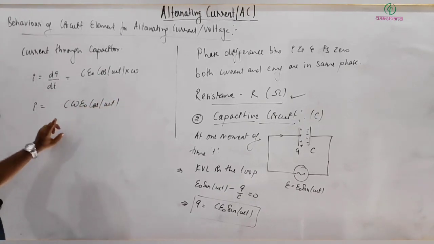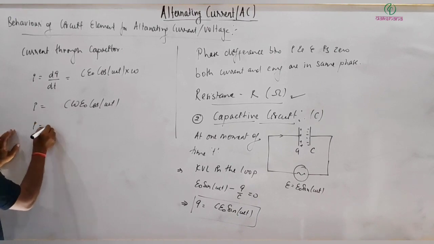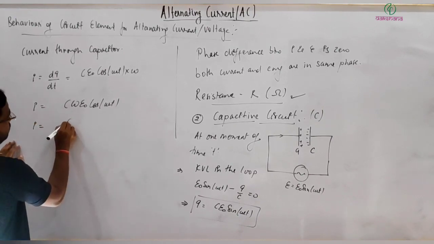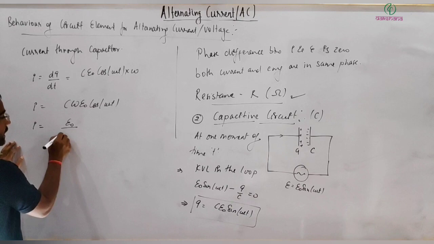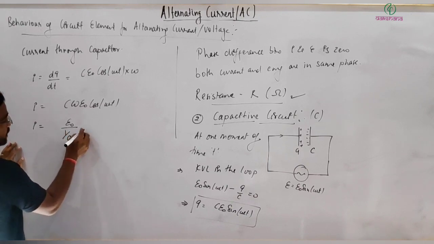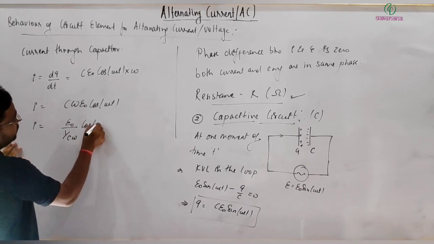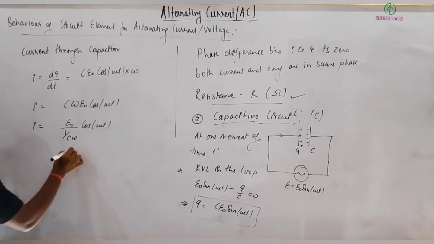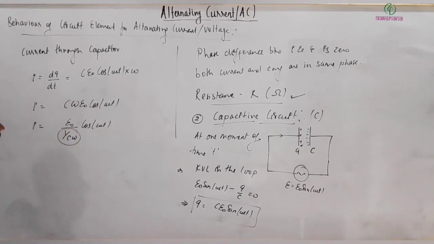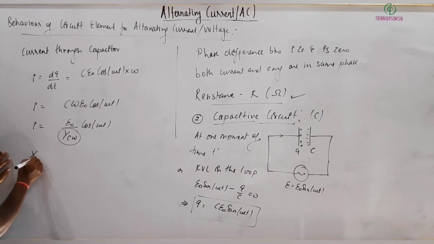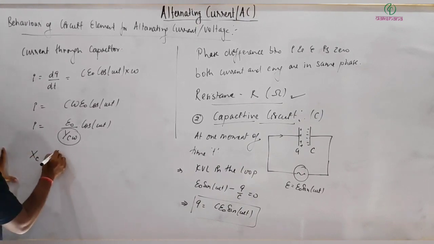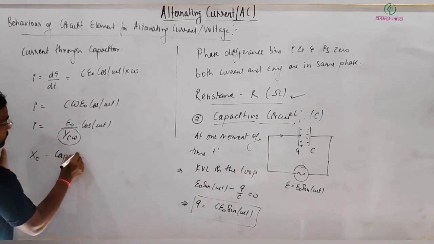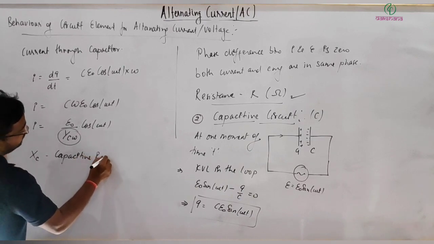Now see here, I can express this in a different form. This is E naught divided by 1 by C omega, into cos of omega t, and here we write this quantity as XC. This is called capacitive reactance.